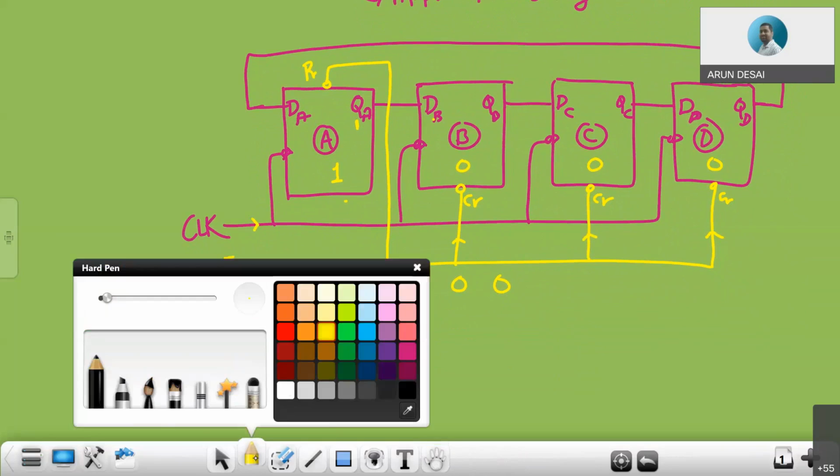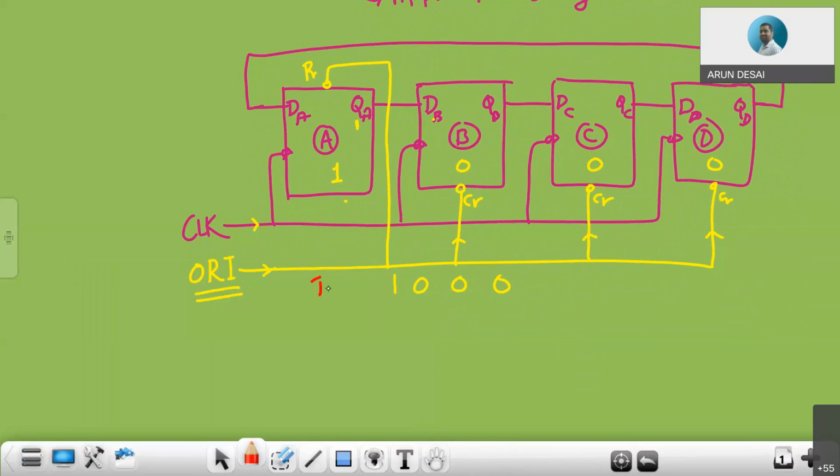When you apply the first clock pulse, this 1 is passed to the next one, it becomes 0, all others 0. On the second clock pulse, the output is 1 here, so it is passed as data input, and this 1 becomes 0. So 0, 0, 1, 0.